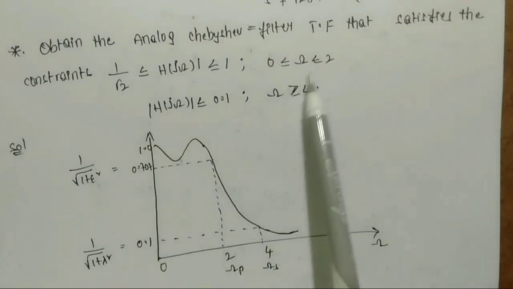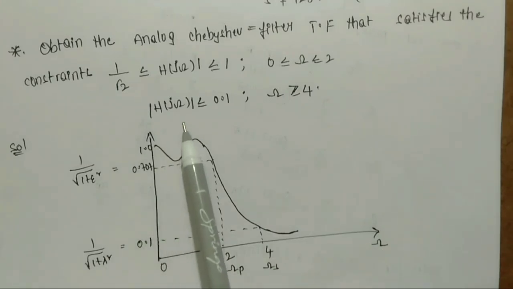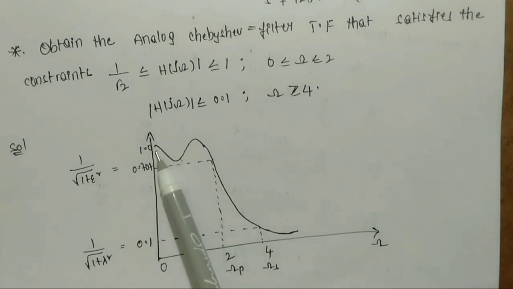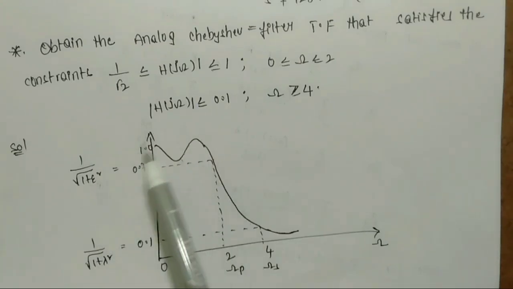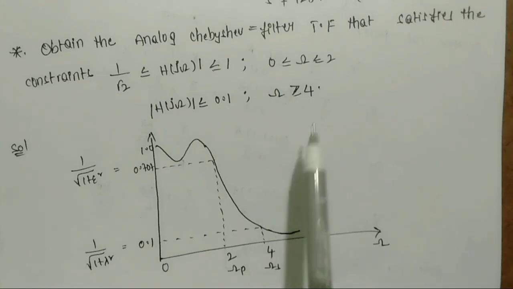For solving such questions we have to see the graph of the low pass filter, where in the x-axis we take omega and in the y-axis we take H(j omega). If omega is between 0 and 2, H(j omega) is between 1 and 1 by root 2, which is 0.707. And when omega is greater than 4, for example 5, 6 and 7, then the H(j omega) value is 0.1.